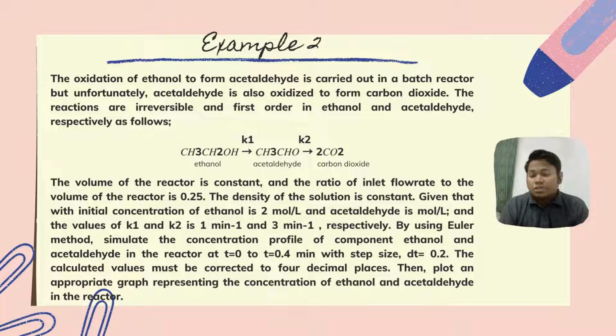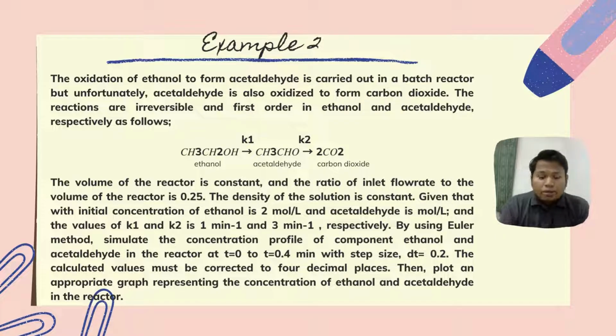As for the assumptions in this question, the volume of the reactor is constant and the density of the solution is also constant. We also have the ratio of inlet flow to volume, F over V, which equals 0.25. And here we have our concentrations of A and B. Our K1 and K2 are in per unit time since it is first order.